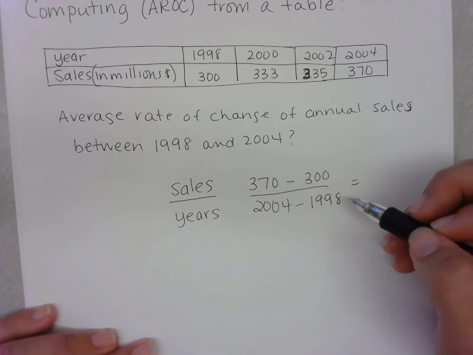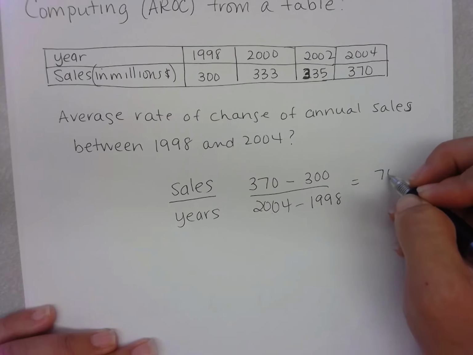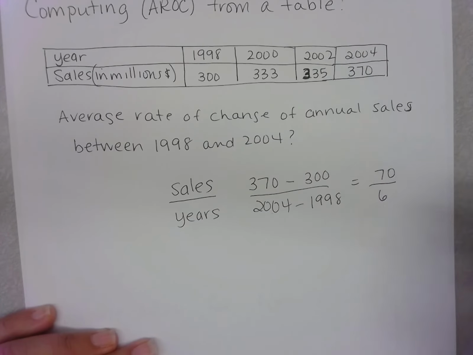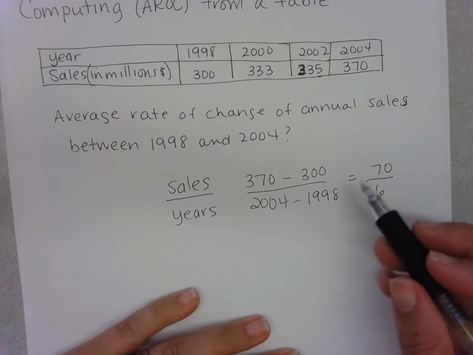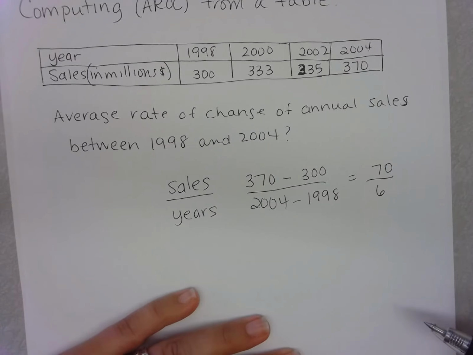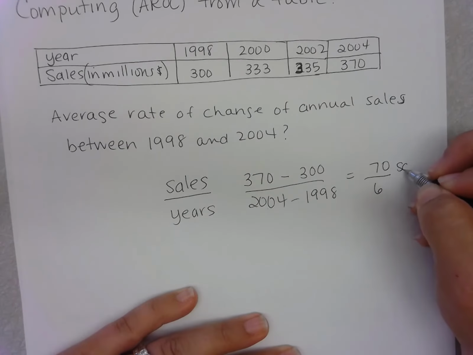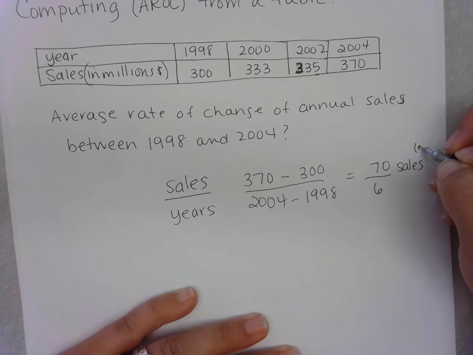So I have a fairly easy calculation here. I get 70 over 6. I could simplify that further or change this to a decimal, but I'm just going to leave it in this case as 70 over 6, and that is sales in millions per year.